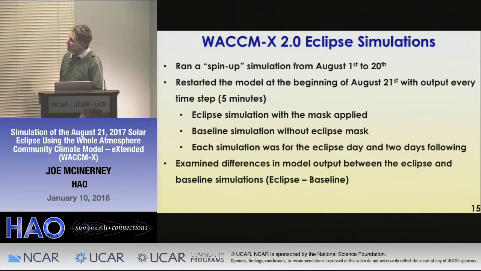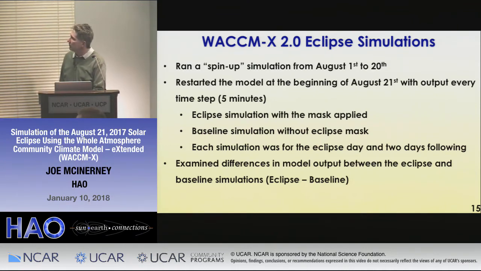We did 2 simulations. We did an eclipse simulation where we applied one or the other mask from Doug, and then we did a baseline simulation with no mask, with nothing in there.